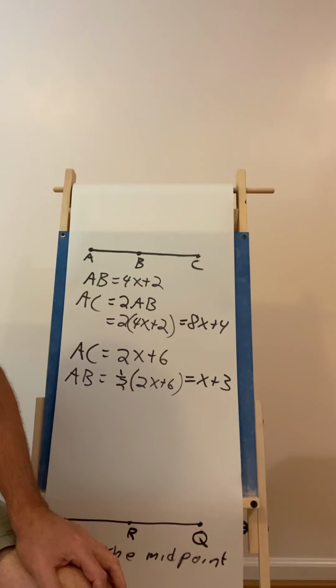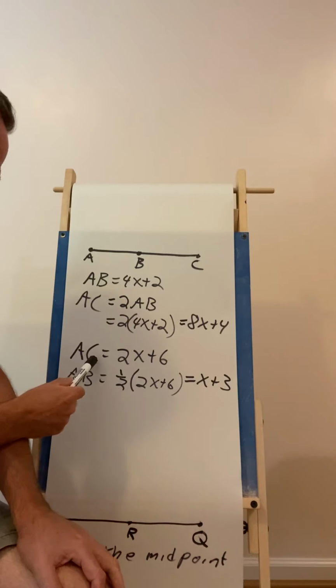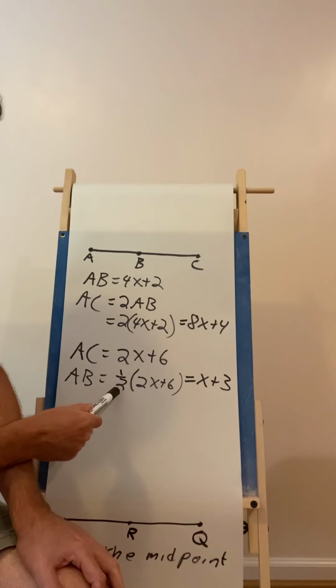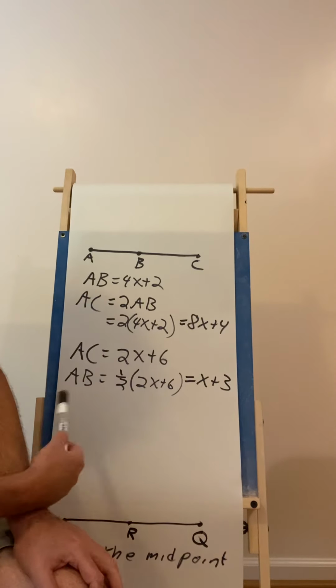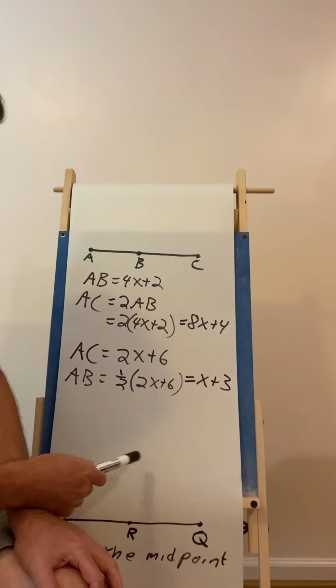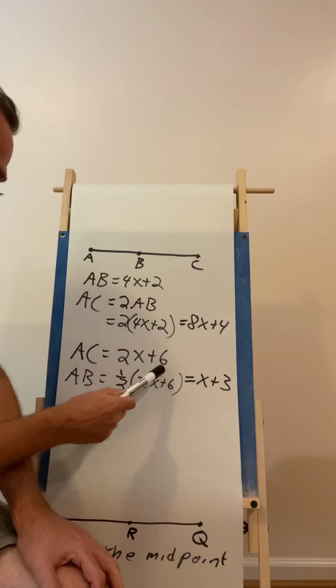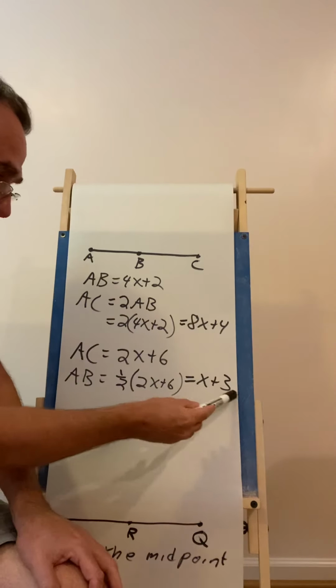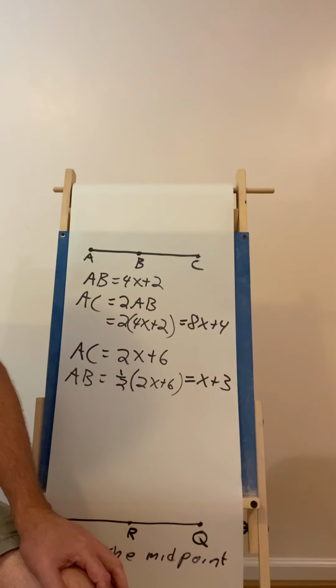So what I was talking about was when I gave you AC was 2x plus 6, and I asked to find AB, we took half. Now this problem was doable because we had even numbers there. The 2 and the 6 are even numbers, so half of an even number comes out even, and that's why we got x plus 3.